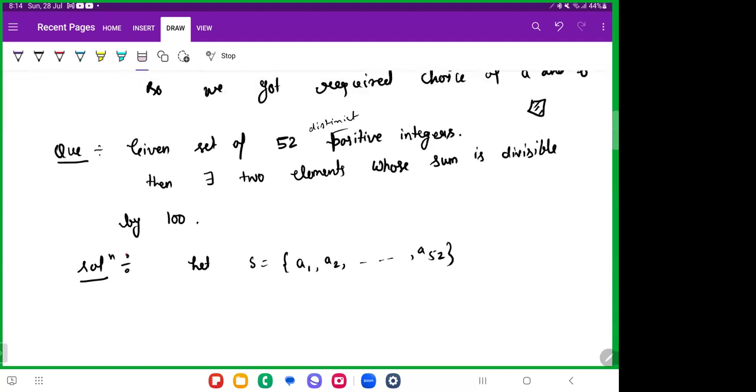We need to write difference also now, I realize. These are positive integers. There are two elements whose sum or difference is divisible by 100. We should write "or". Now it is fine.